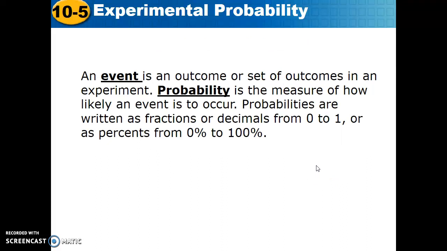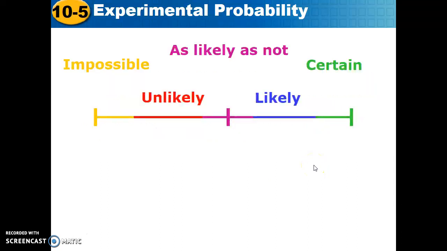An event is an outcome or set of outcomes in an experiment, and probability, we all talk about probability all the time. Now we're going to have a very good definition. It's the measure of how likely an event is to occur. Probabilities are written as fractions or decimals from 0 to 1, or as percents from 0 to 100. And we talk about that probability in certain word forms.